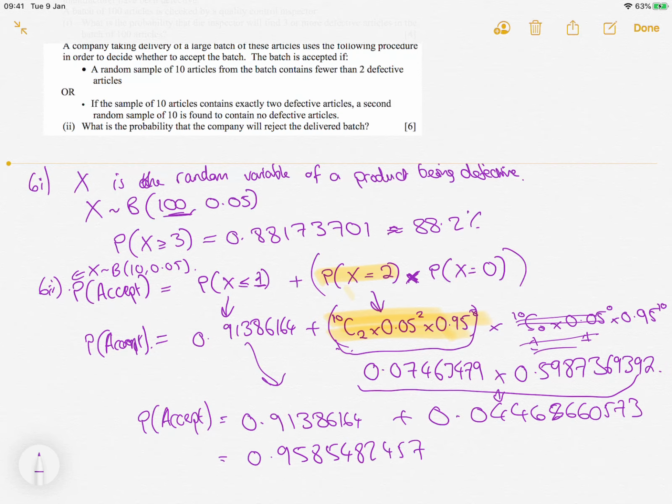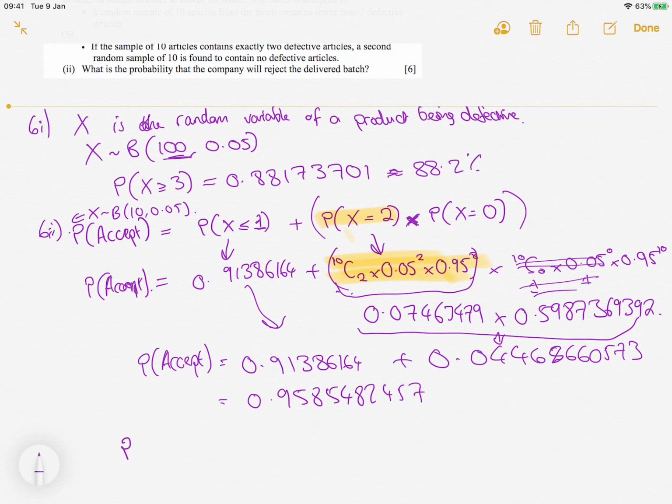0.958548247. I'm going to do 1 take away that answer, because the probability of rejecting must be 1 minus the probability of accepting, because they are complementary events, they complete each other.